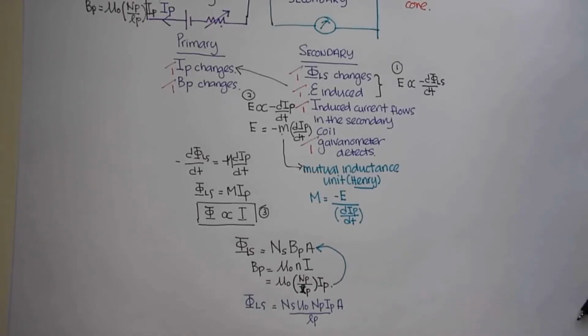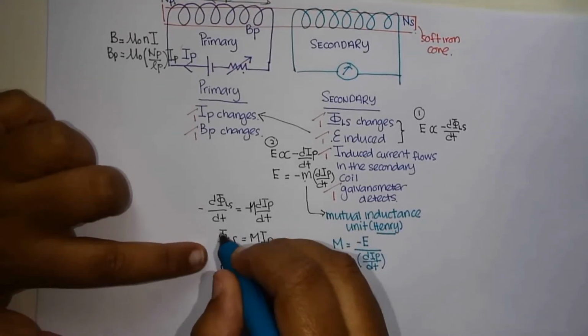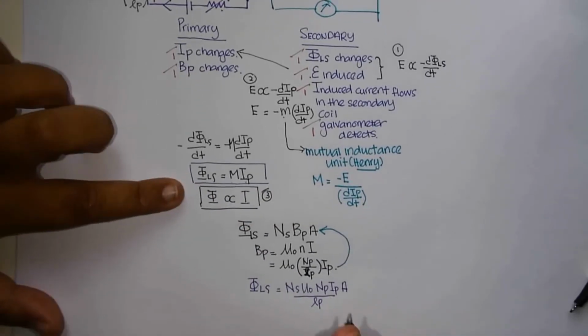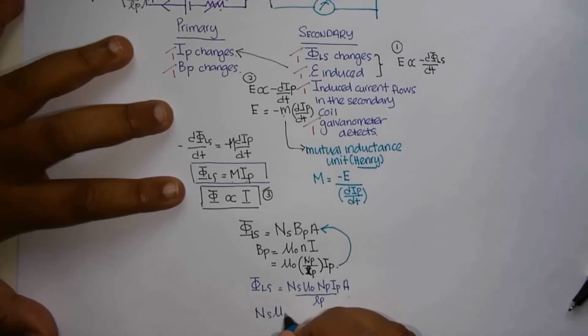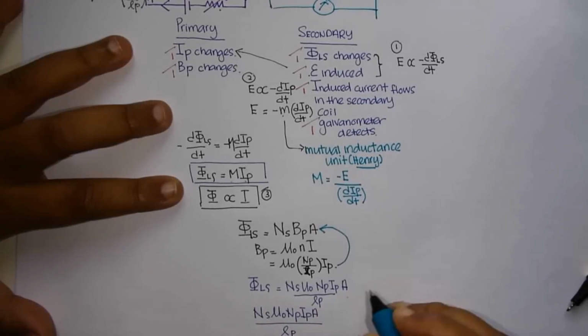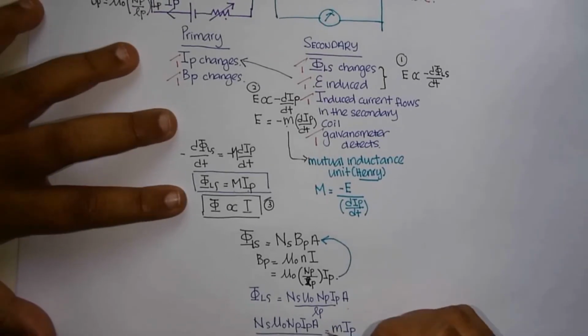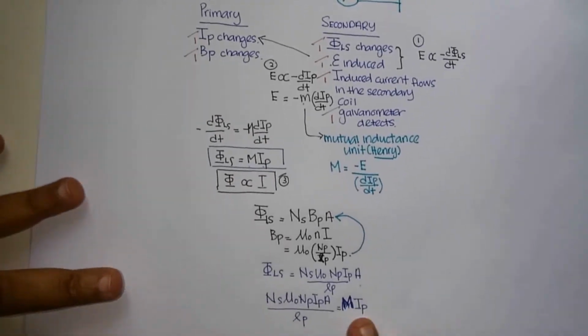Alright, and then we also know that magnetic flux linkage is also equal to MIP. So therefore NS mu naught NP IP A over LP is equal to MIP, where capital M is the mutual inductance, which I substitute inside this relationship.